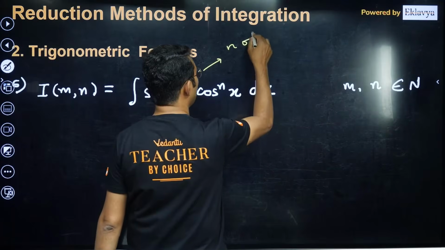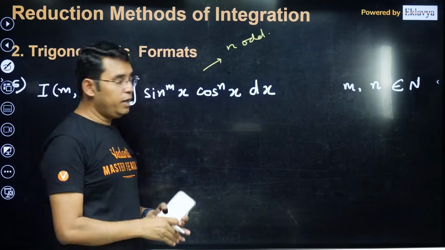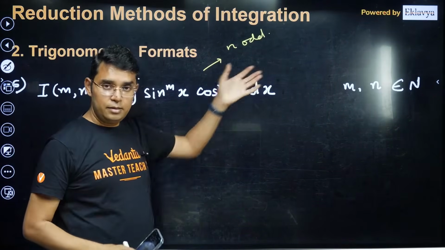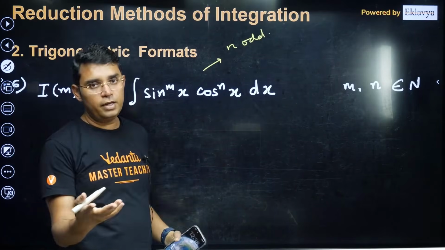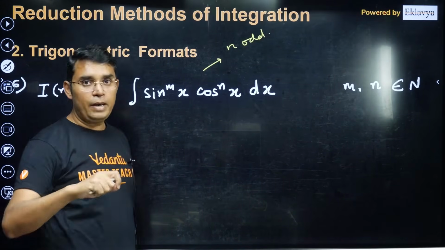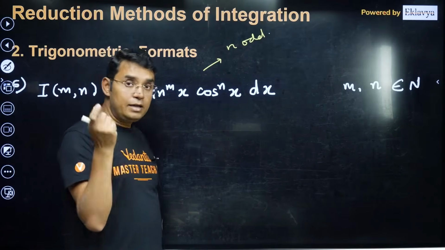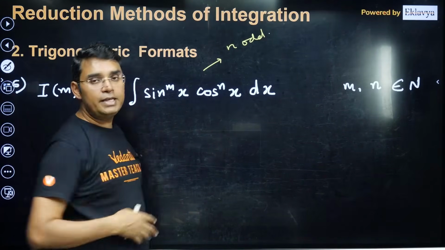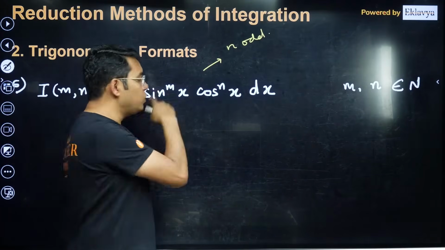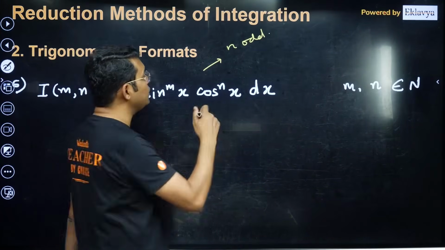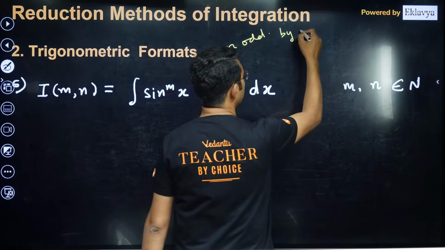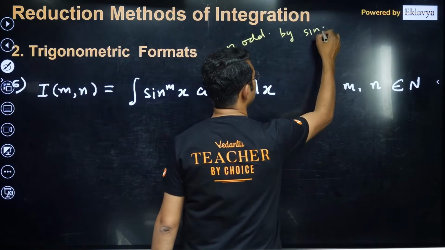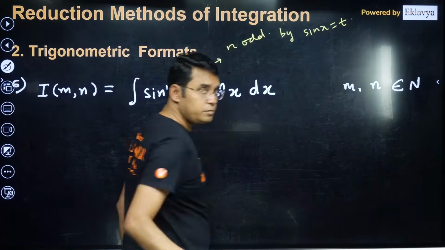If n is odd, then you can write cos x into cos power n minus 1, which will be an even power of cos. You can convert cos square as 1 minus sine square, and then everything will be in terms of sine. So you can do this integration by substitution. If n is odd, then substitution is possible; sin x equal to t you can do.